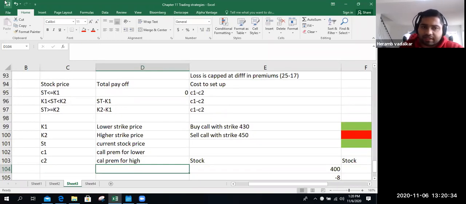That's it. These are the details, and that's the payoff of the bull call spread.